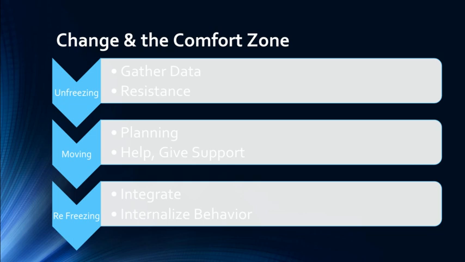You gather data, figure out what the resistance might be. And then the change stage is where there's the discomfort zone. There's lots of planning, and you realize where help is needed and where to give support. This is also the implementation phase, the actions that are needed to put the change into effect.